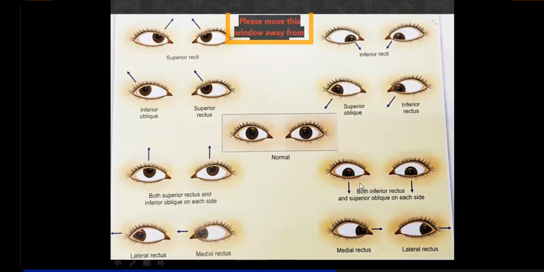Looking downwards inferiorly by both the eyes, दो मसल आ जाएंगी इसमें, कौन सी, inferior rectus and superior oblique. If you're looking towards the left side, right, with your left eye you will move it laterally, so on the left eye it will be lateral rectus, and in the right eye it will be medial rectus, right.